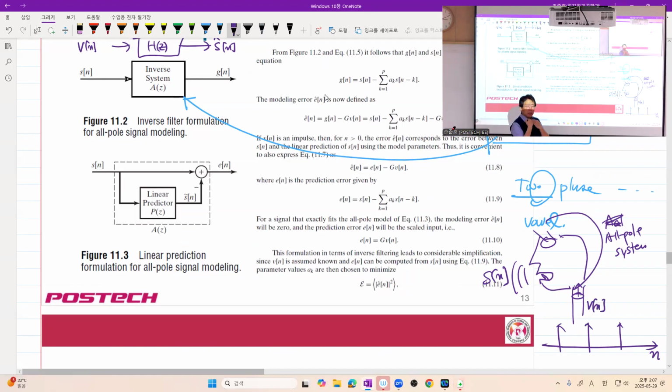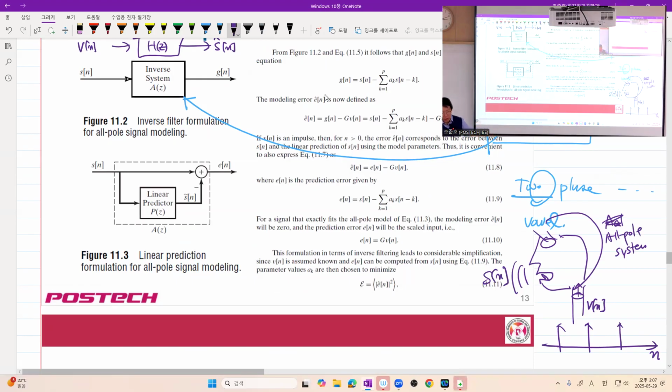And this is because each impulse generated by our vocal cord actually excites our LTI system to have some transition. And then the next impulse again excites, and that kind of periodic excitation of our all-pole system generates, in a short period, a periodic-like signal.